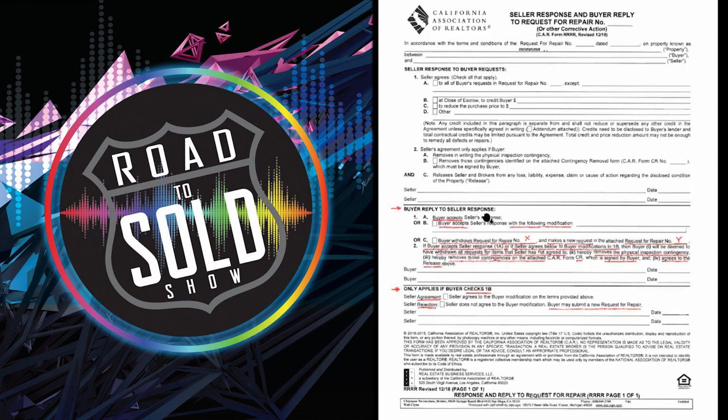So if the buyer accepts the seller's response contained above here, then he simply signs the form. Or the buyer accepts the seller's response with one modification, and the key word is one.